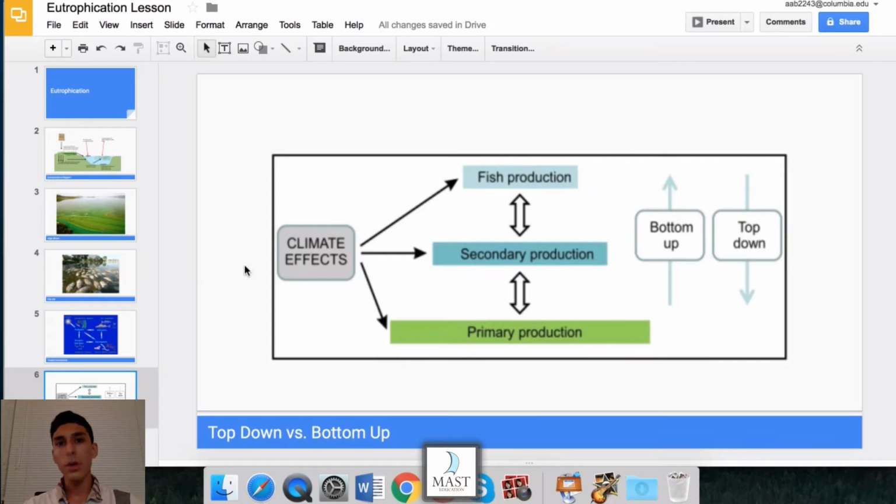And it goes to show how sensitive an ecosystem can be to change. And this is very important to consider when conducting analysis of ecosystems or thinking of the cause and effect of what will happen when any one change is made in an ecosystem for whatever reason. And this cause and effect analysis comes up a lot in AP Bio and is very important to consider and to note here.